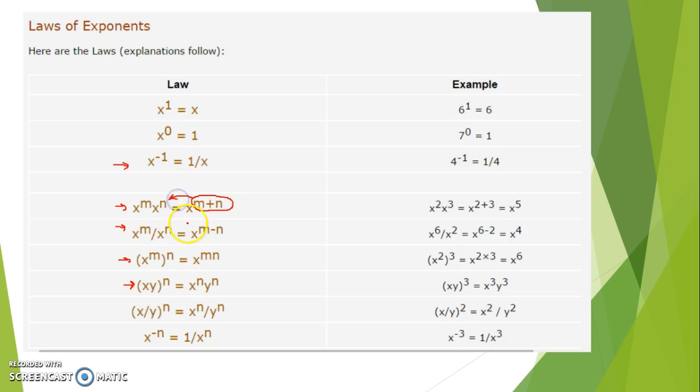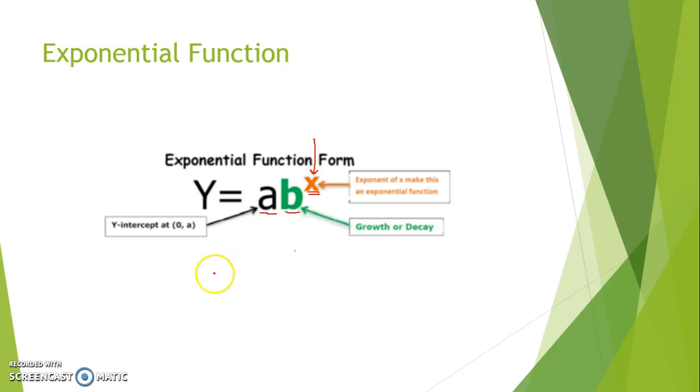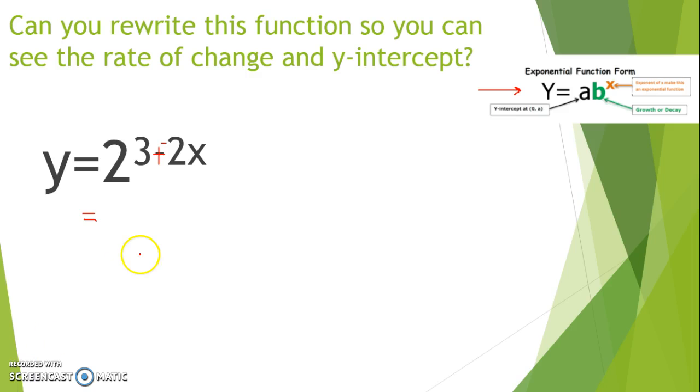It means we're using this law, where we can separate it into 2 different bases being multiplied together. So 2 to the third plus negative 2x, that can be rewritten as 2 to the third times same base 2 to the negative 2x.